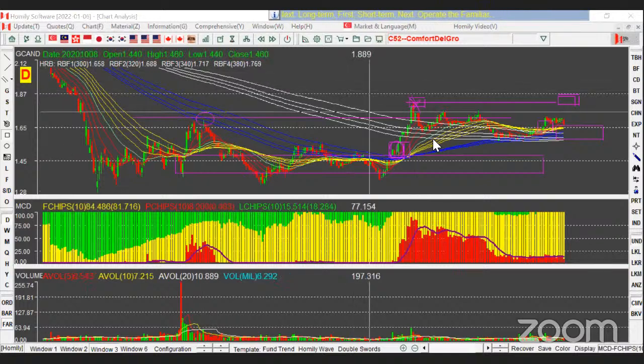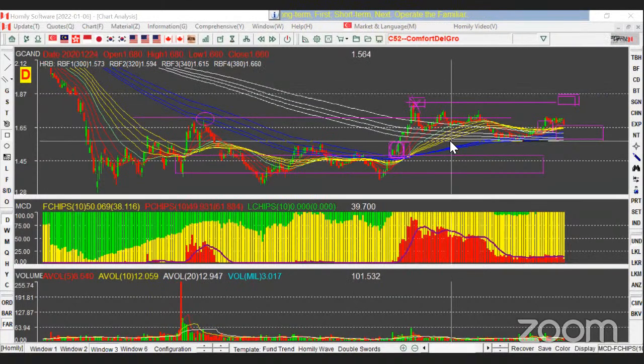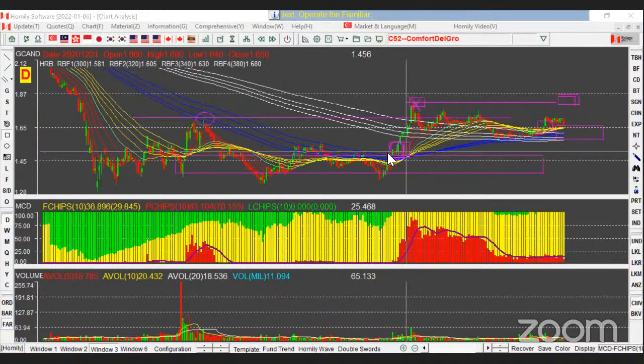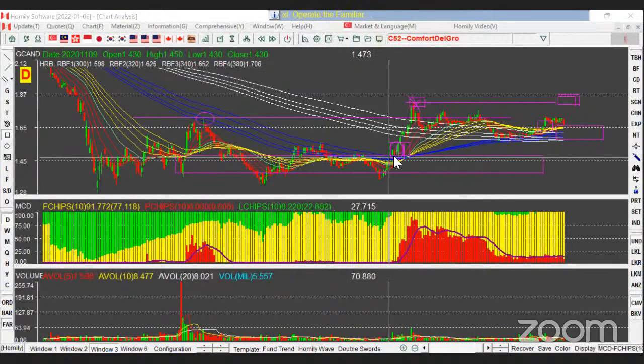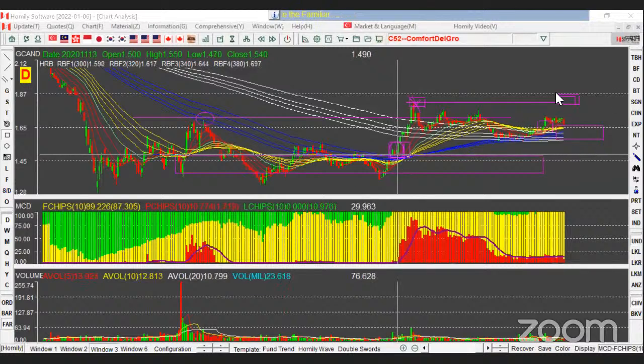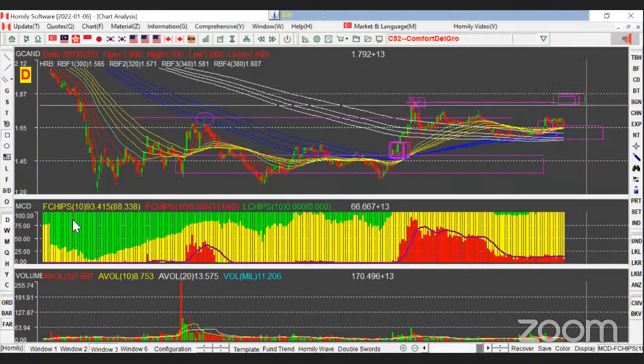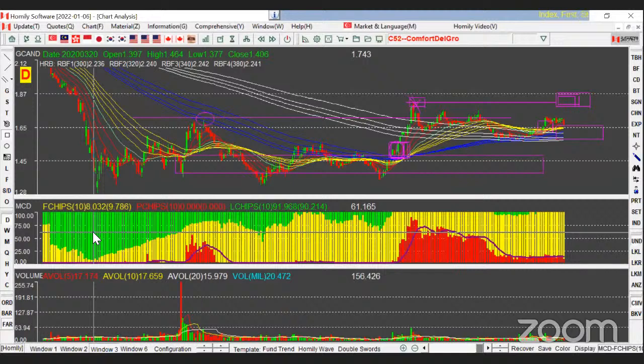But we mentioned it's not a point, the birth of the course. It's a process. It's a period. So that's why for your entry point, you have several choices. Aggressive entry, more aggressive entry, or a more conservative entry, a safer entry point. Okay, so this is for comfort Diogo.